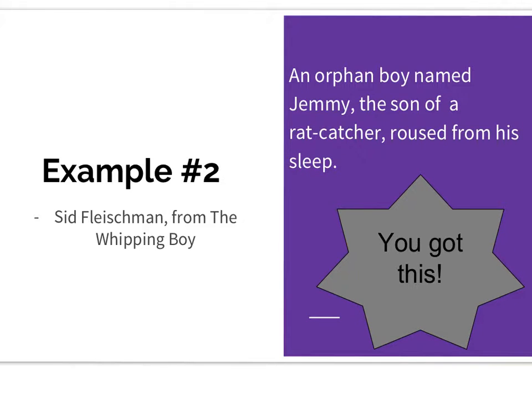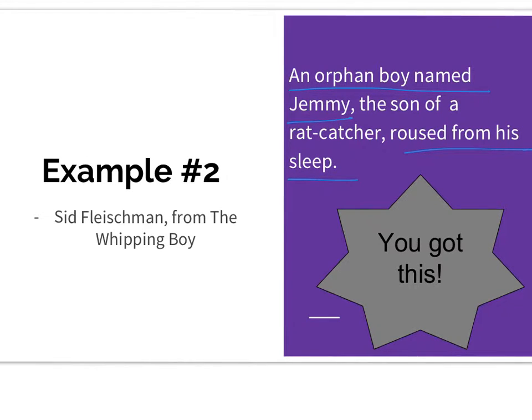Moving on to example number 2. This is from The Whipping Boy by Sid Fleischman. This starts out with an orphan boy named Jeremy, the son of a rat catcher, roused from his sleep. So the author could have just put an orphan boy named Jimmy, roused from his sleep. I think I called him Jeremy a minute ago, but it's Jimmy.